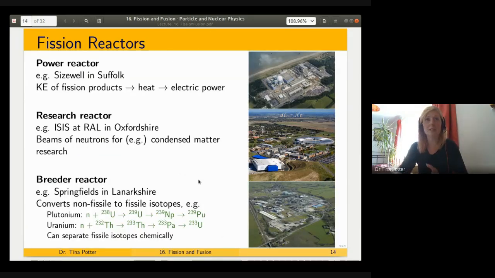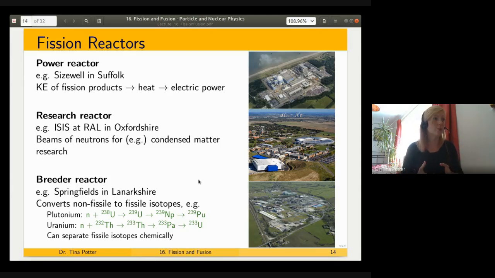So this is what's done in fission reactors, and we'll go into a bit more detail in a second. I usually say the nearest one to us right now, but I realize that you're all over the world right now, everybody. The nearest nuclear reactor to Cambridge is Sizewell over in Suffolk on the coast there. It uses the kinetic energy of the fission products from uranium to produce heat and electric power for the local area.